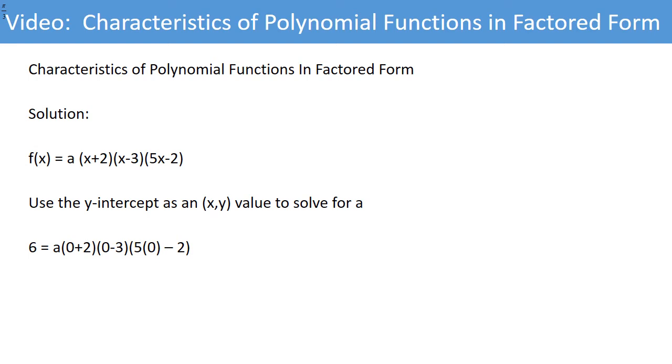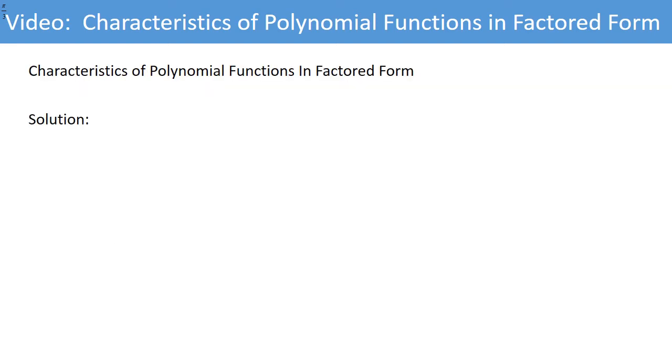We will solve, and we will get that a is 1/2. So now we are ready to write the equation. The function is 1/2 times x plus 2, x minus 3, 5x minus 2. You could, if you wish, use decimals to make sure that this is the correct graph.